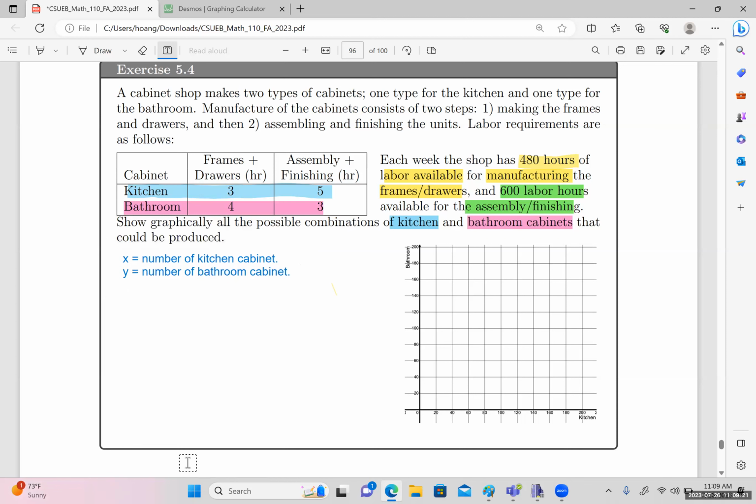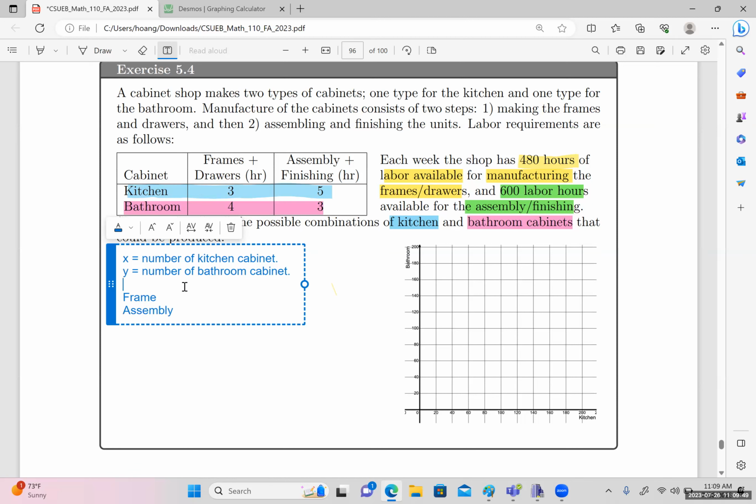All right. Then we're gonna need to set up the inequalities system, right? So maybe the first one will be the frame, and the second one will be assembly. Frame and drawer will be, maybe I need more space.